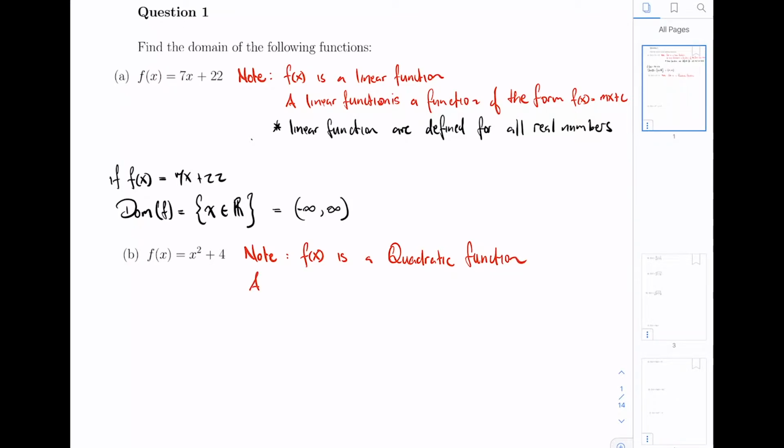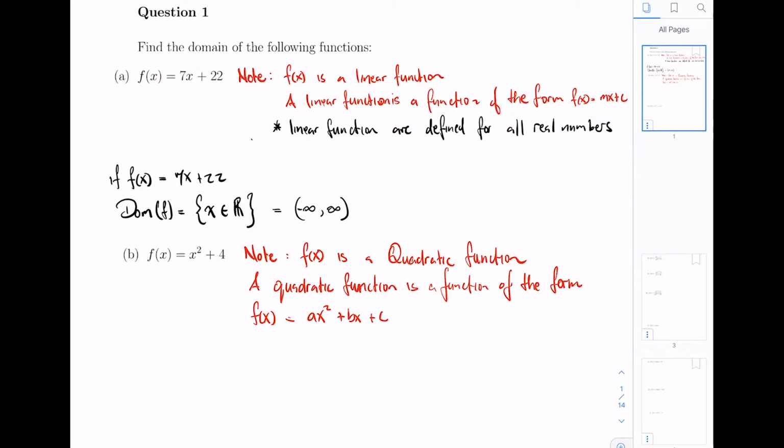And what is a quadratic function? A quadratic function is any function of the form f of x equals ax squared plus bx plus c, okay?